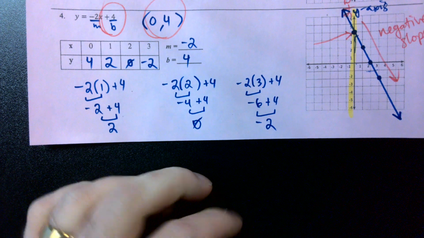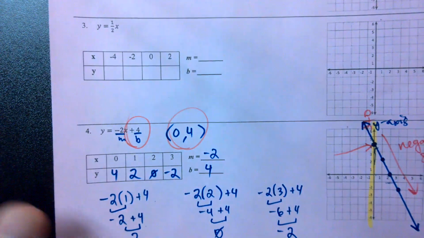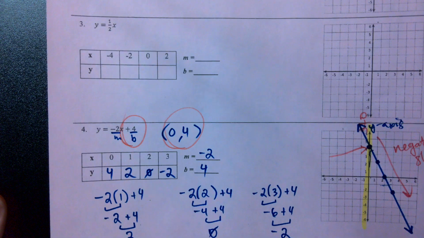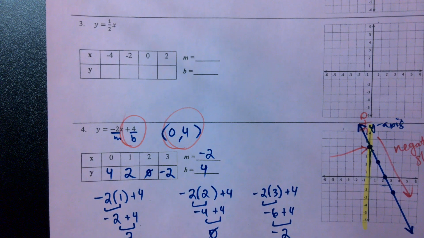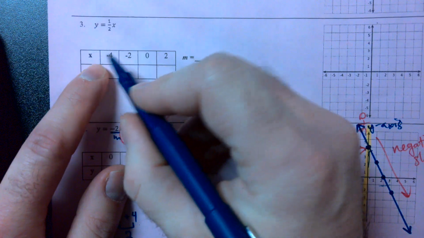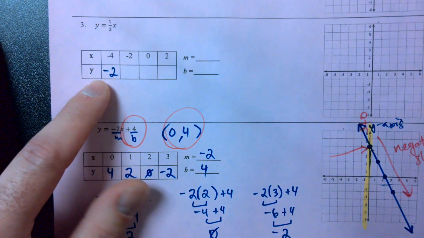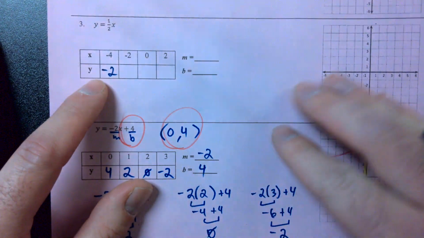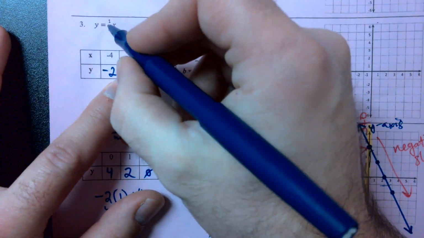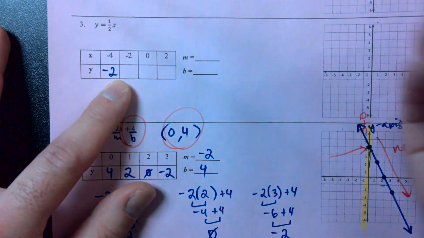Yeah. Okay. Real quickly with number 3, if I'm taking half of a number, what's another way of saying I'm taking half of a number? Dividing by 2. -4 divided by 2 is -2. Again, I want to see you guys plugging in and working it out, but just so we can make sure we got it right. Half of -2 is what? -1.